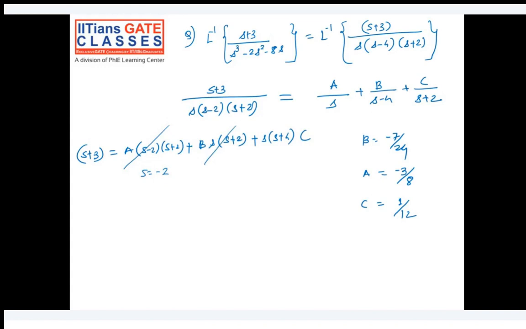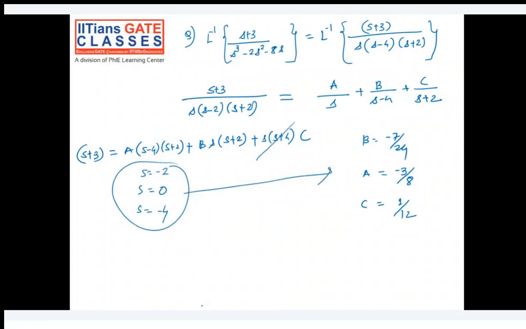Okay. If you put s is equal to 0, this and this will become 0. You will get the value of A. Okay. And if you put s is equal to 4, this and this will become 0, you will get the value of B. Okay. So these substitutions will give you the A, B, C values.